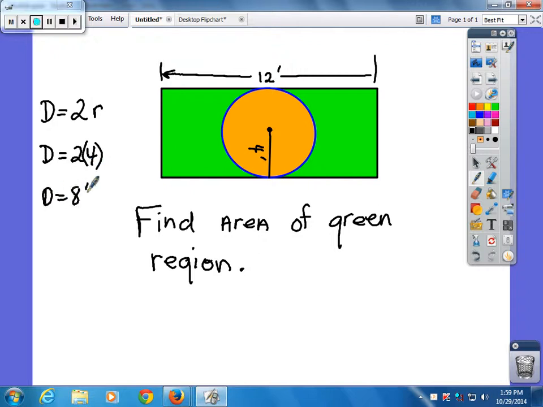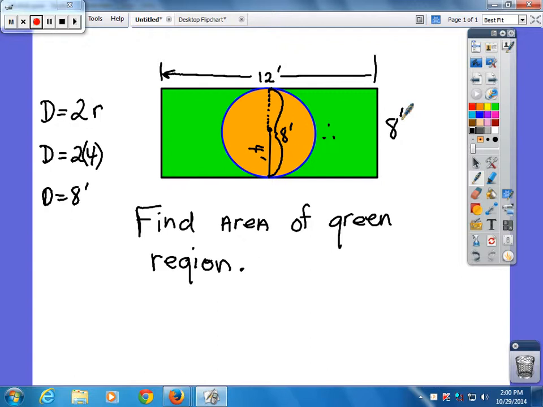So this whole diameter right here is 8 feet. Therefore, if the diameter is 8 feet, what is the length of this line right here? 8 feet. And that's where you have to think.